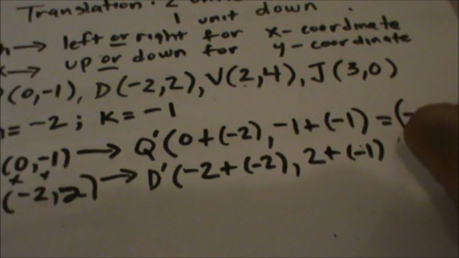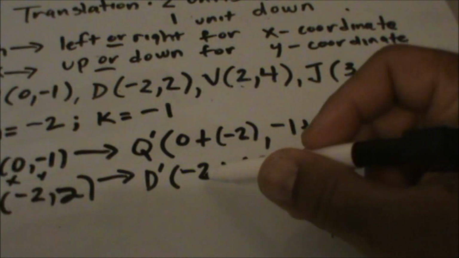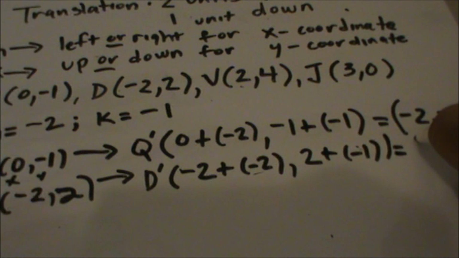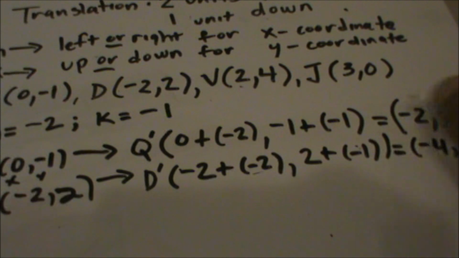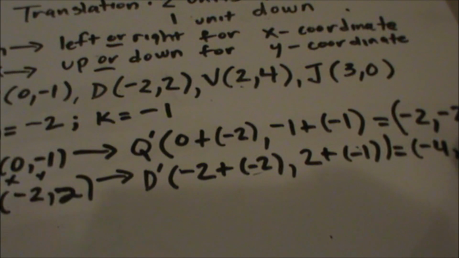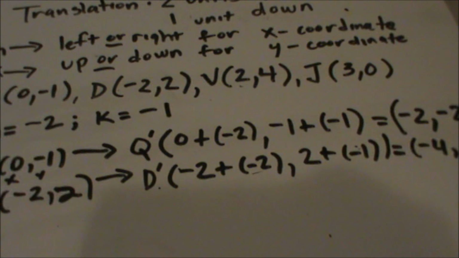This equals -2 plus -2, which is -4, and then +2 plus -1 will give you +1. So D prime will be (-4, 1).